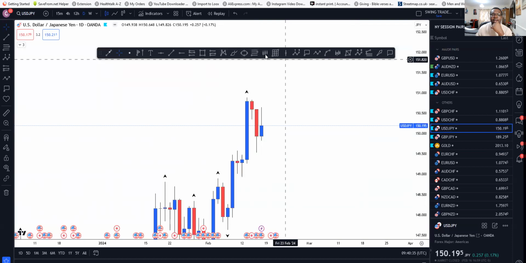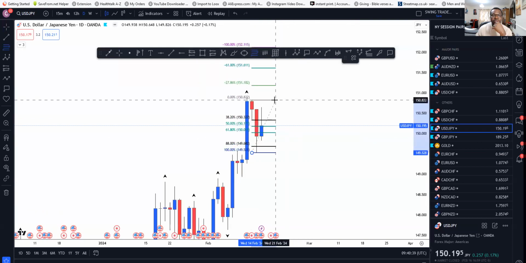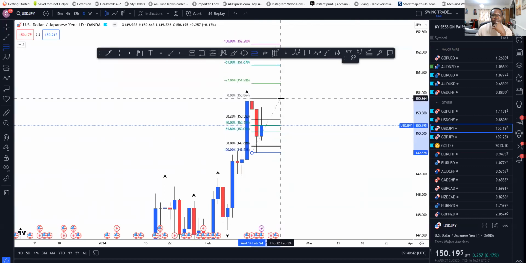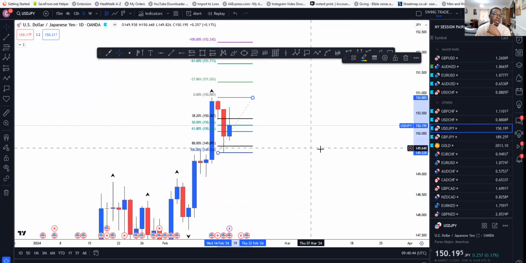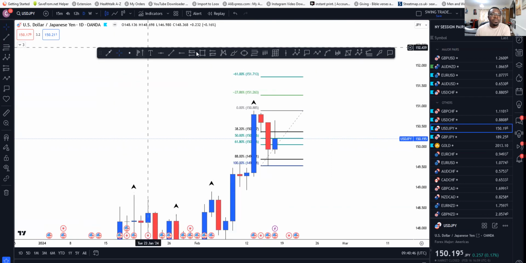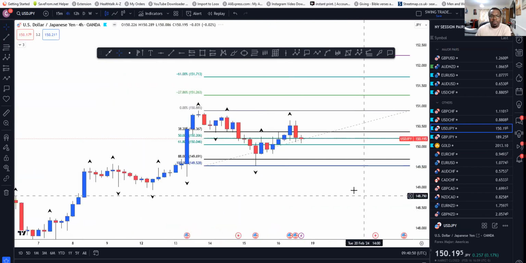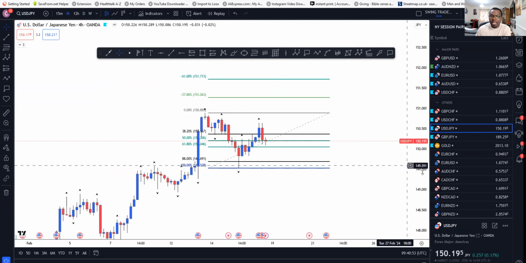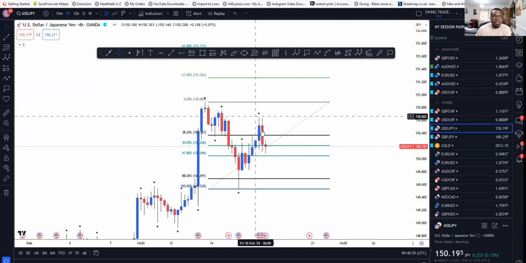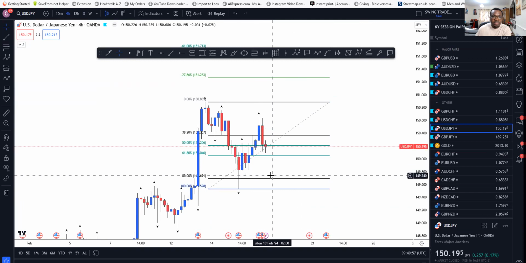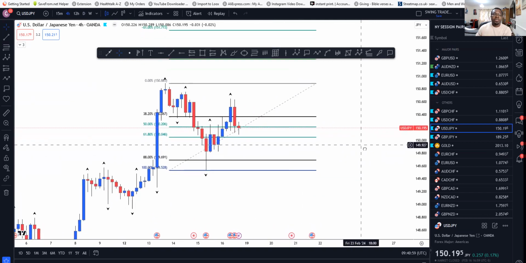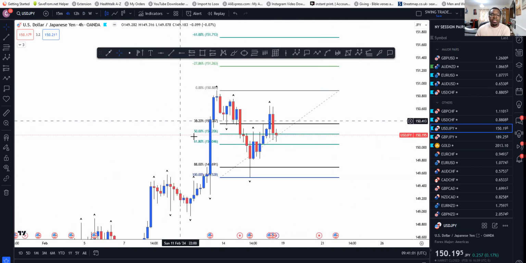So let's see this opportunity coming up on this pair. This is beautiful. This is a bullish market, so we're looking for a buy on this pair right now. I'm seeing that that is a beautiful setup, and I'm waiting for, look at that, now the market is coming back down. This is very tricky, so you need to be very careful with this.